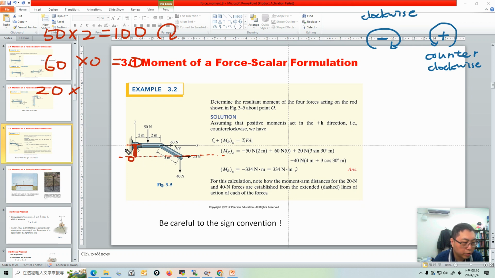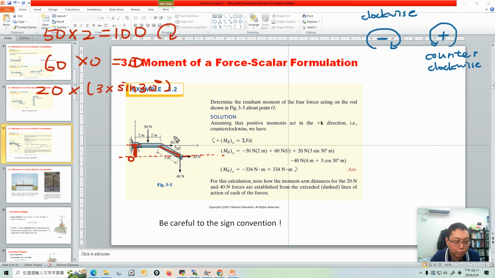It doesn't give you the distance directly, but it gives you this is 3 meters, and the angle here is 30 degrees, so 3 times sine 30 degrees. Yeah, trigonometry. Don't forget your trigonometry.